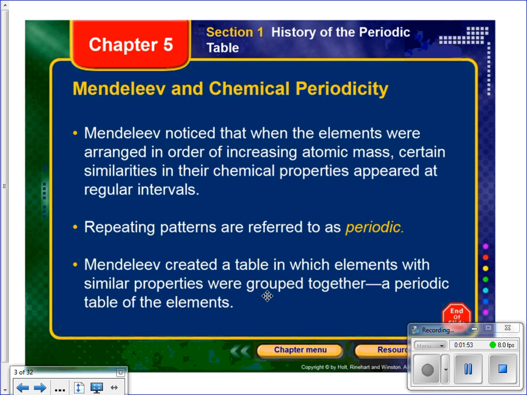So periodic table, periodic chart of elements, periodic table of elements. It doesn't matter which one, but it has to have the word periodic in it to show that we have these repeating patterns. Mendeleev's periodic table did have some repeating patterns, but not quite as many patterns as what we currently have.